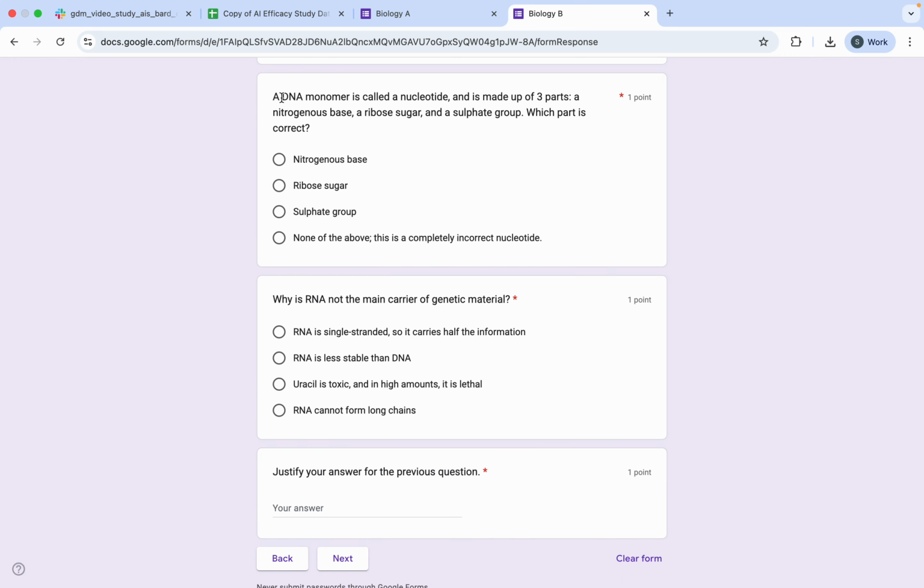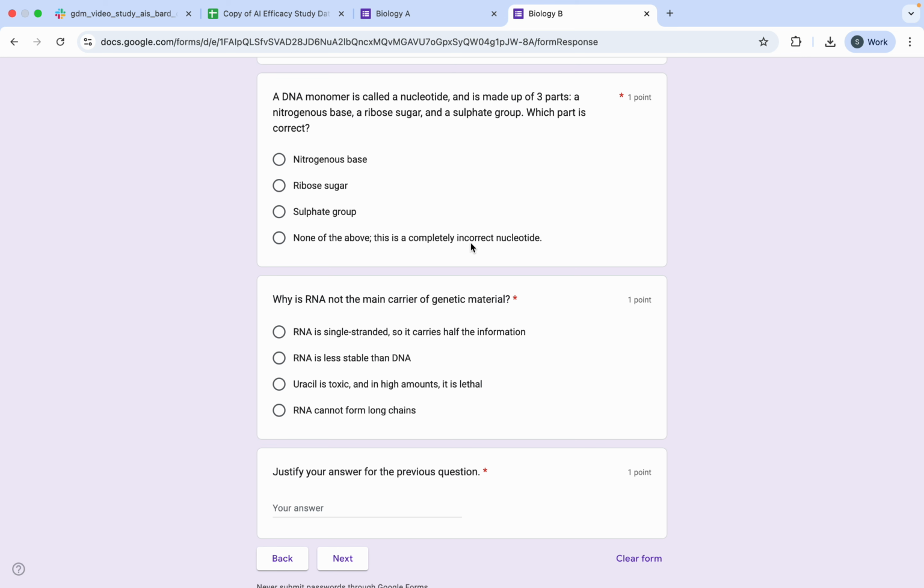Next question: a DNA monomer is called a nucleotide and is made up of 3 parts: a nitrogenous base, a ribose sugar, and a sulfate group. Which part is correct? The options are nitrogenous base, ribose sugar, sulfate group, none of the above.